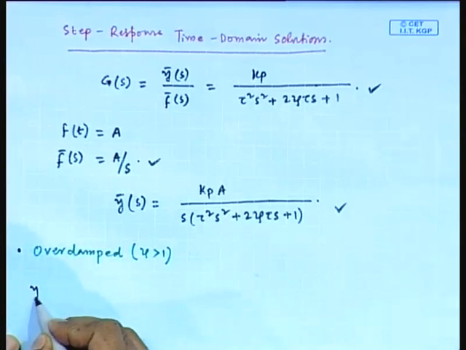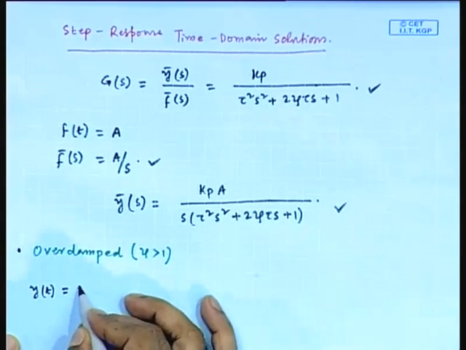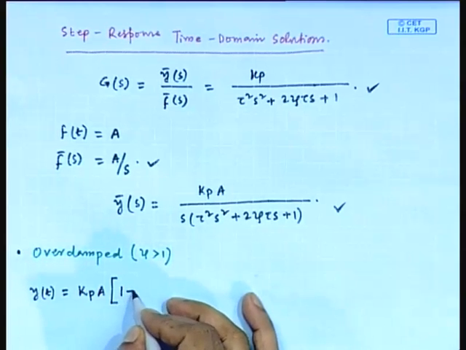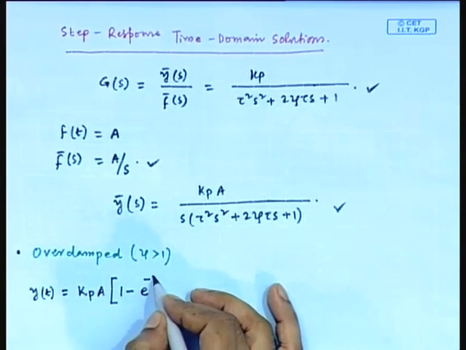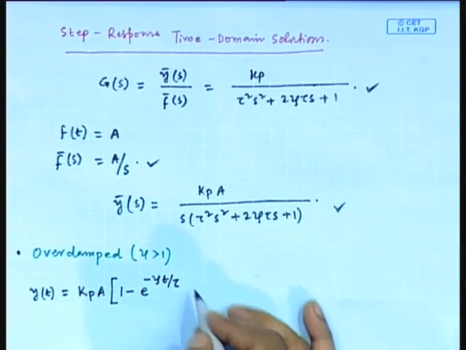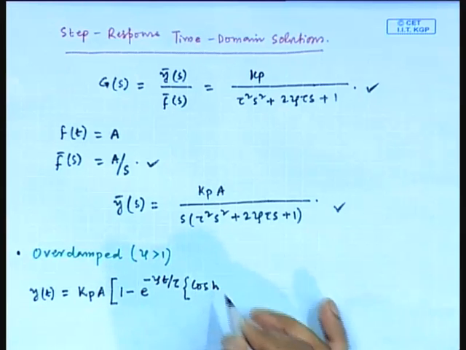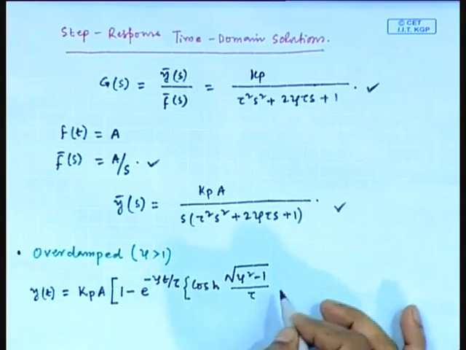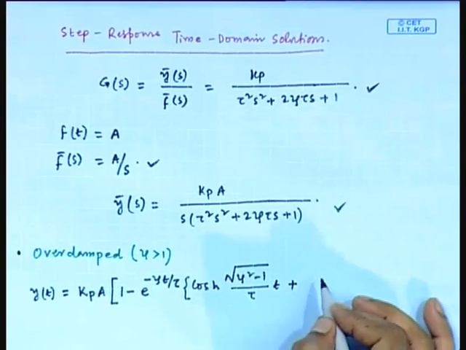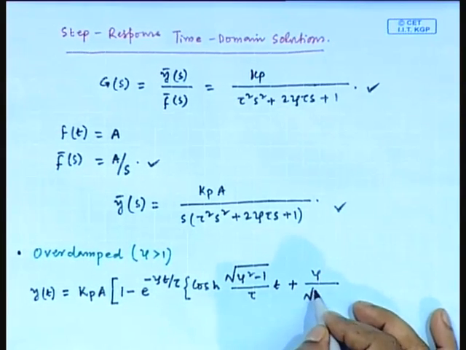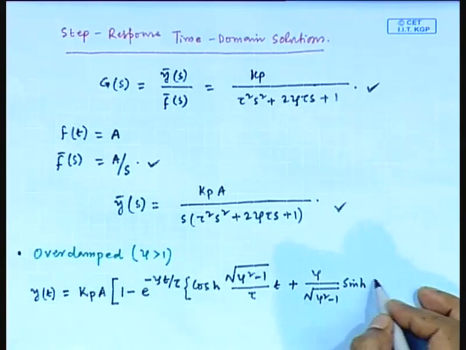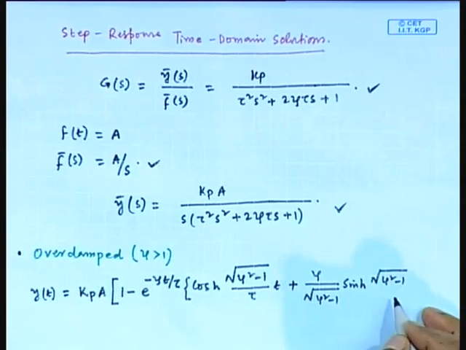And the expression is y(t) equals Kp a multiplied by 1 minus exponential minus zeta t divided by tau, times cosh of root over zeta square minus 1 divided by tau into t, plus zeta divided by root over zeta square minus 1 times sinh of root over zeta square minus 1 divided by tau into t.